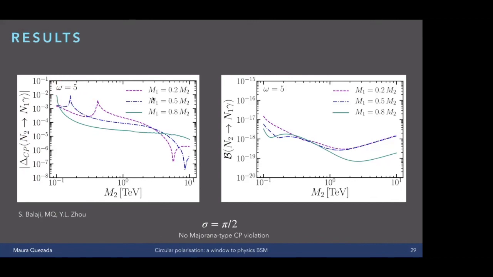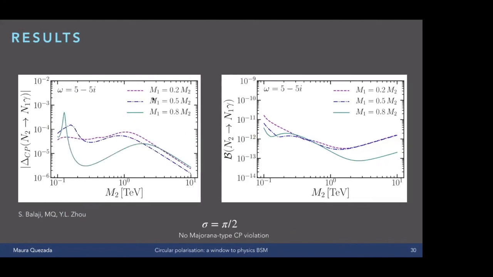So there are only two sources of CP violation in this one, and we see that the asymmetry can be quite large, 10 to the minus 3, 10 to the minus 2, but the branching ratio is very, very small, of the order of 10 to the minus 17. So it would be very difficult to observe this process.